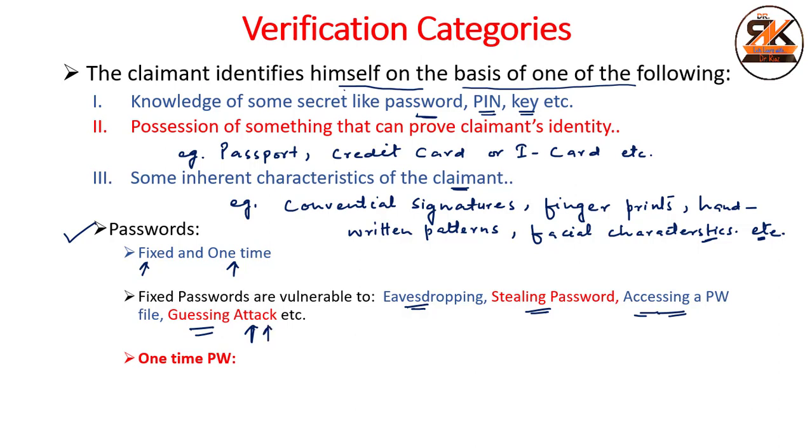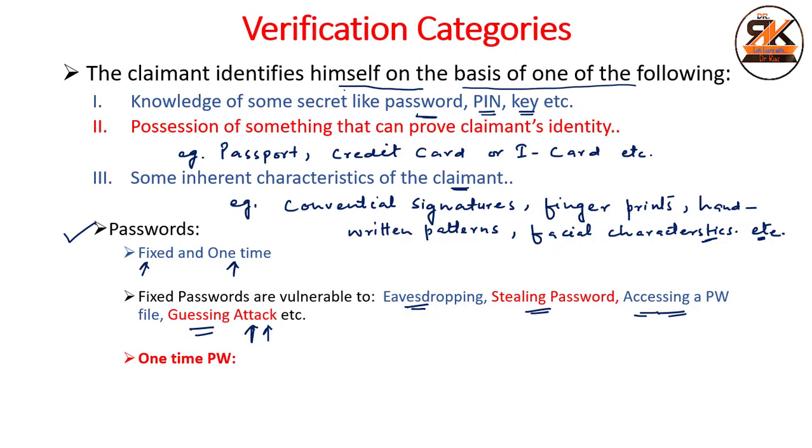To prevent the guessing attack, long random passwords are recommended. But then these need to be written somewhere, because we cannot remember long random passwords. Writing them somewhere makes the password subject to theft. So that is also a problem.